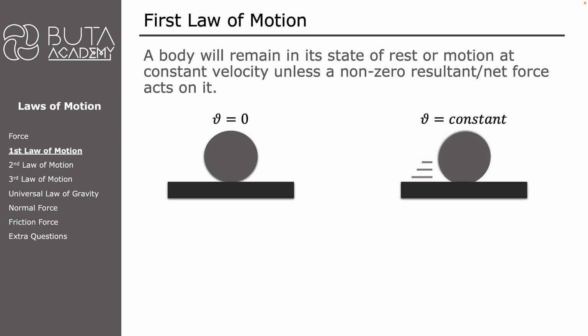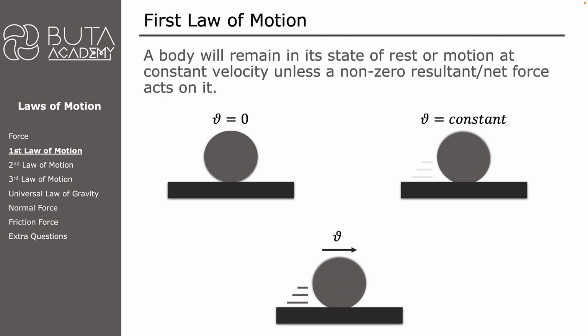Second important point in this definition is that the object will remain at rest or move with constant velocity. When net force on an object is equal to zero, sometimes we wrongly assume that this object is definitely at rest. Now imagine an object which is moving to the right. If there is a net force applied on the object to the right, the speed of the object will increase.